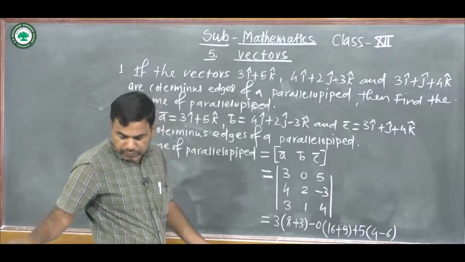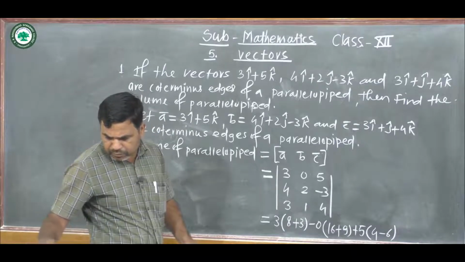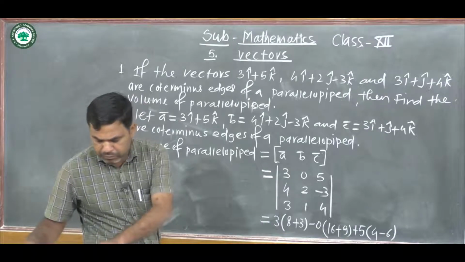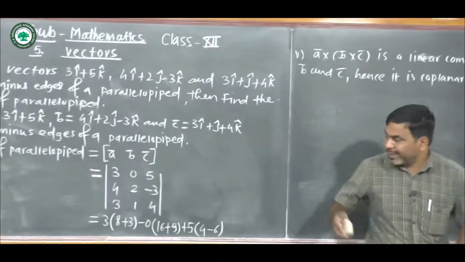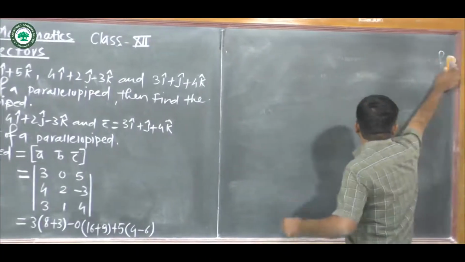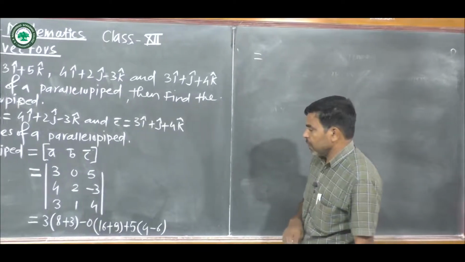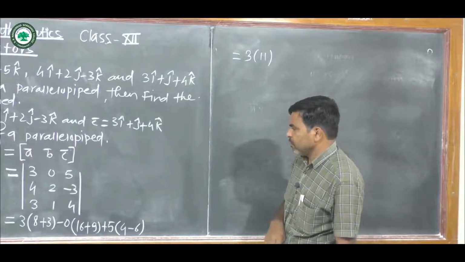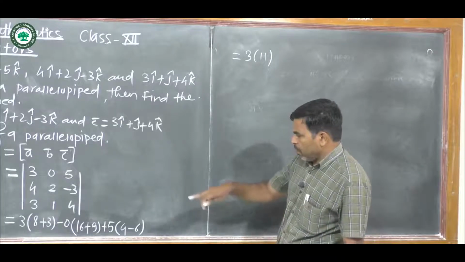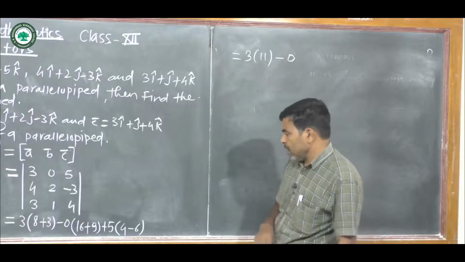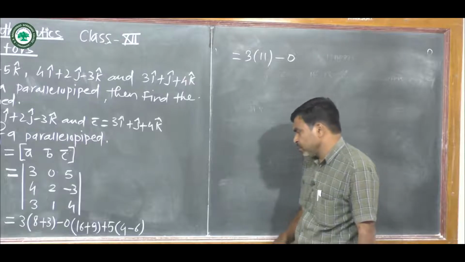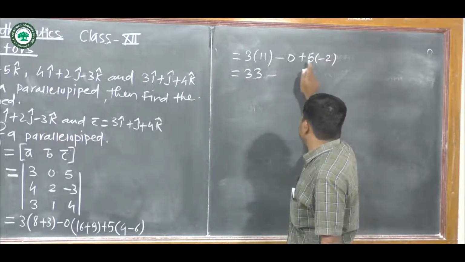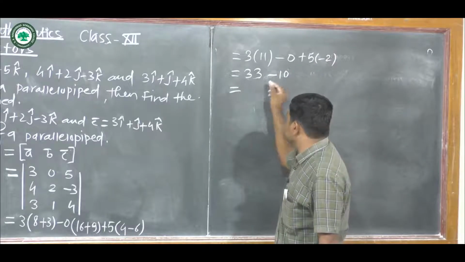So it is 3 into 8 plus 3, 11, minus 0 into everything, that is 0, plus 4 minus 6 is minus 2, so plus 5 into minus 2. So it is 33 minus 0, no need to write it, and 5 into minus 2, minus 10. So 33 minus 10 is 23.